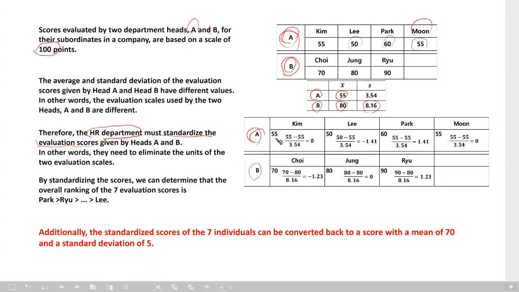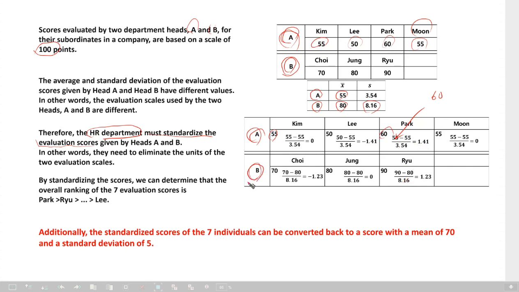A's score 55: 55 minus its mean, 55, divided by its standard deviation 3.54, gives 0. How about the 60, Park? 60 minus 55 divided by its standard deviation 3.54 is 1.41, right?